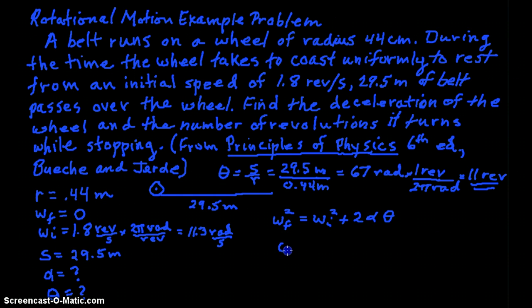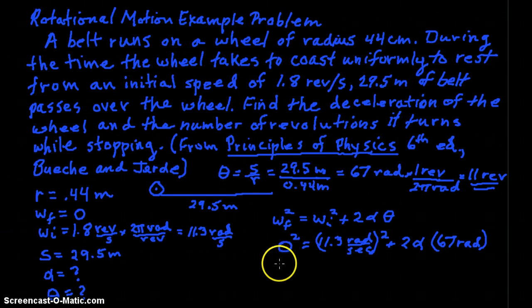So the final velocity was 0. The initial was 11.3 radians per second, squared. Then you're looking for alpha, and theta was 67 radians, in the SI system.